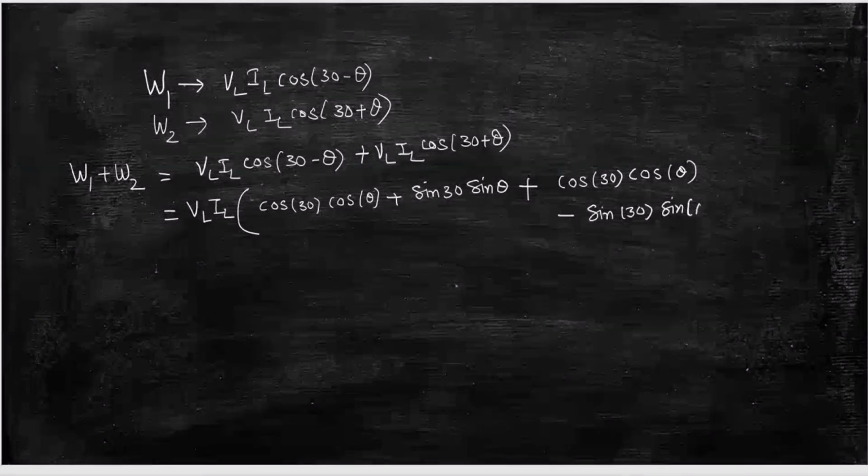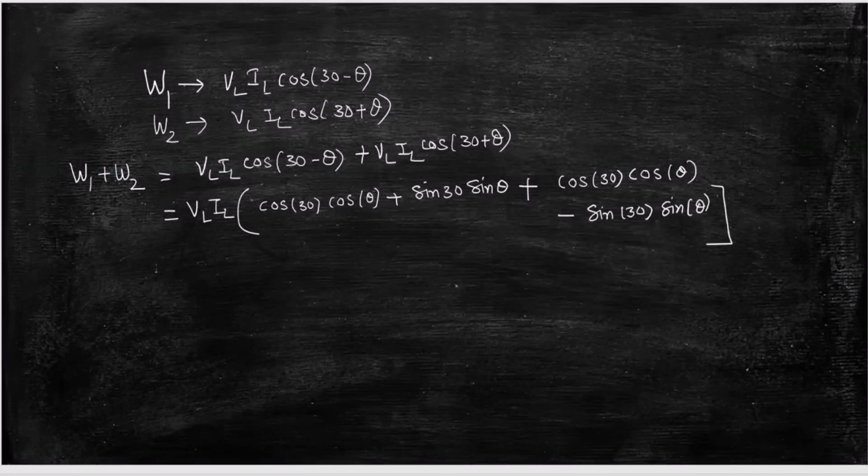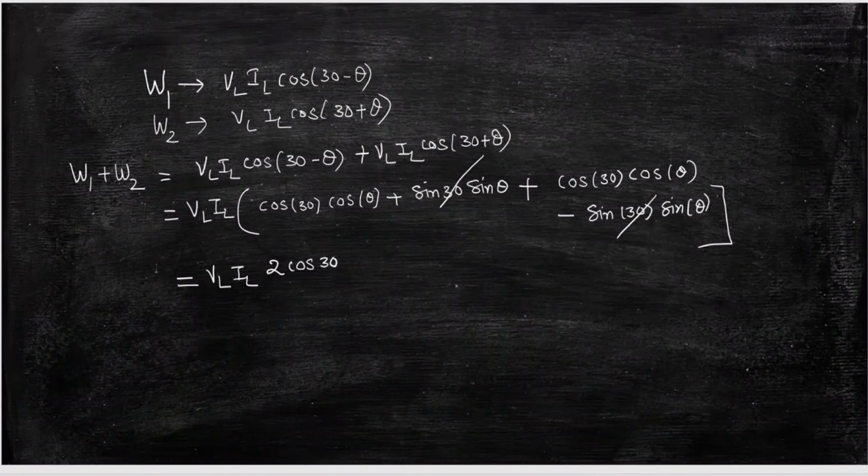Okay. So see, if you observe carefully, this term and this term will get cancelled. So what is remaining? VL IL 2 cos 30 cos theta. What is cos 30?